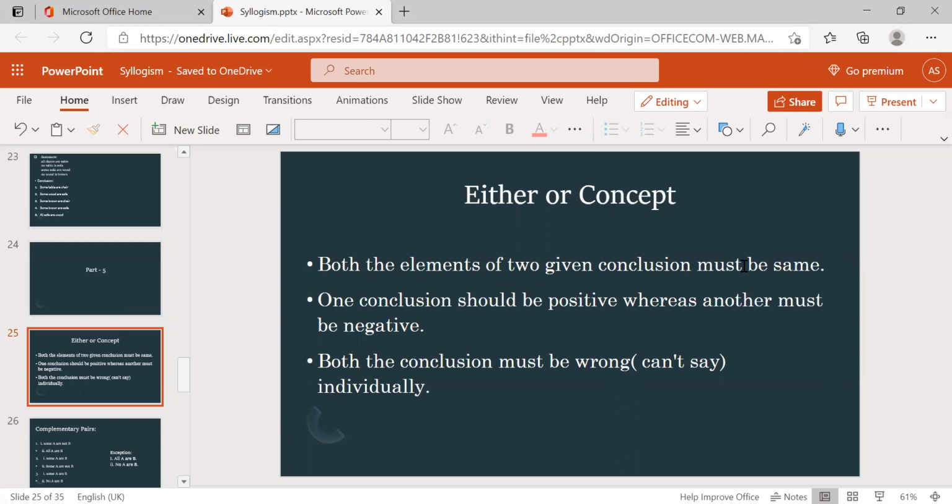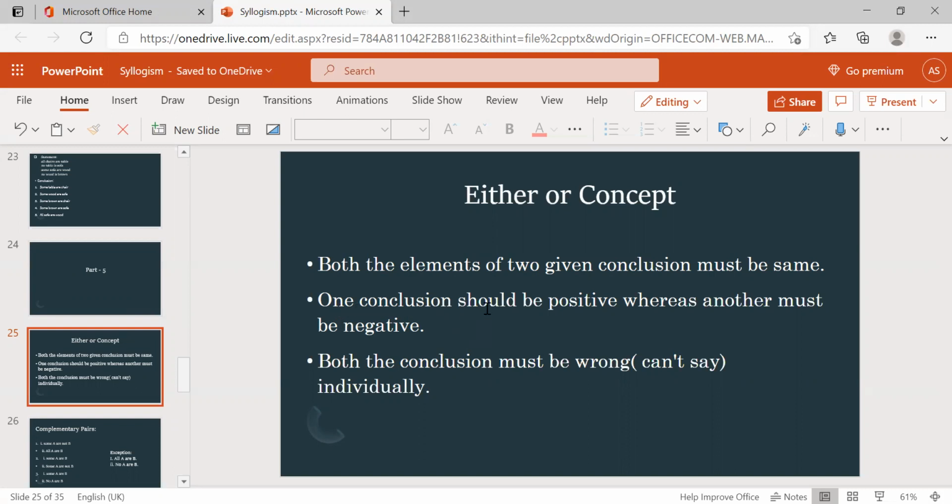One statement should be talking about A and B, and the second statement should also talk about A and B only. Another condition is that one conclusion should be positive, whereas the other must be negative. So if two conclusions are given in the options, asking for either one or two, you have to check these three conditions. First, both the elements of the given conclusions must be the same.